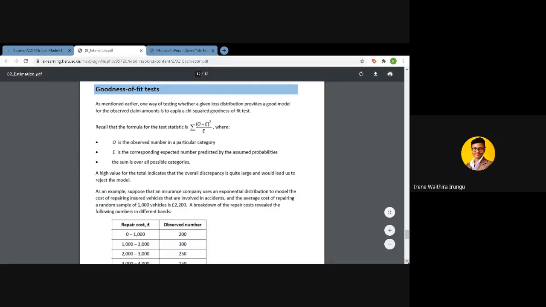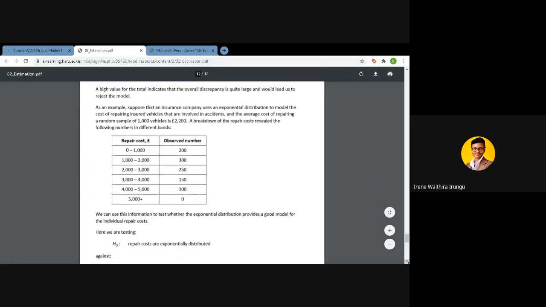So we'll use a question to demonstrate this test. Suppose that an insurance company uses an exponential distribution to model the cost of repairing insured vehicles that are involved in accidents, and that the average cost of repairing a random sample of 1,000 vehicles is 2,200. The breakdown is as shown in this table. So this is what has been the experience.